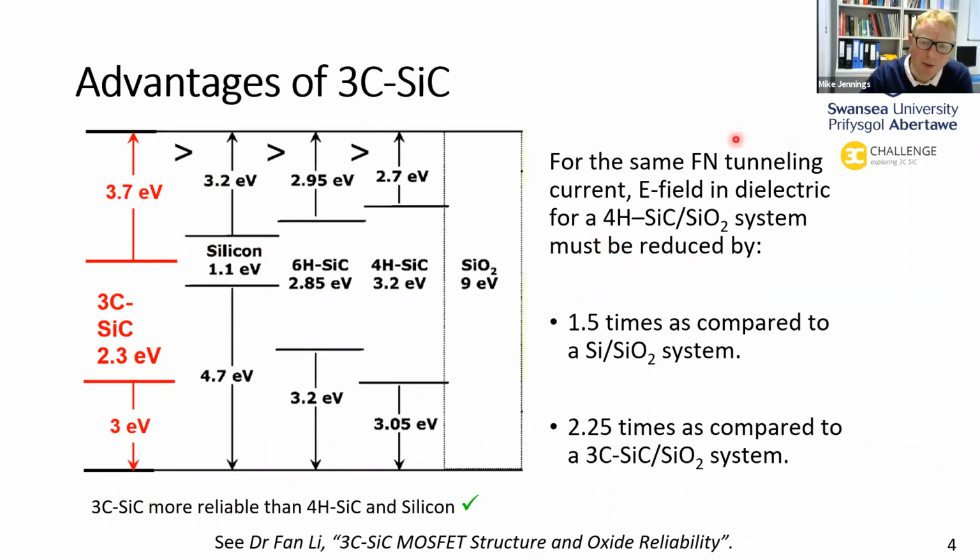And what we see is that, for a given tunneling of current into the semiconductor from the oxide, if we look at the 4H system, the commercial silicon carbide power material, the 4H silicon carbide SiO2 system, the electric field is 1.5 times higher than the silicon system, but it's 2.25 times higher than the cubic silicon carbide system. And this has real advantages and real positive prospects for cubic silicon carbide in terms of reliable power electronics.